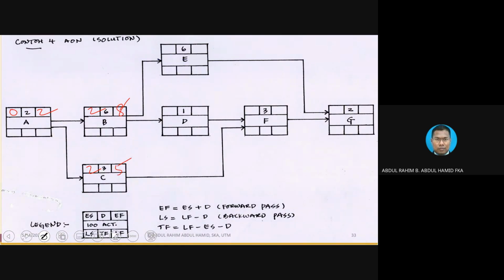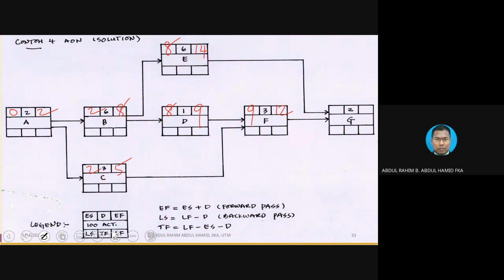For B into E, this is 8. 8 plus 6 equivalent to 14. For D, 8 plus 1 equivalent to 9. And then for F, between 9 and 5, of course 9 is bigger. 9 plus 3 equivalent to 12.